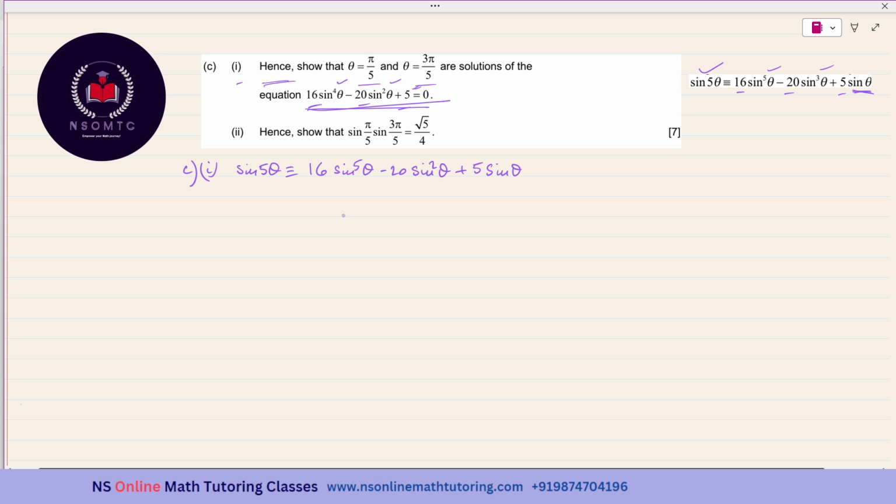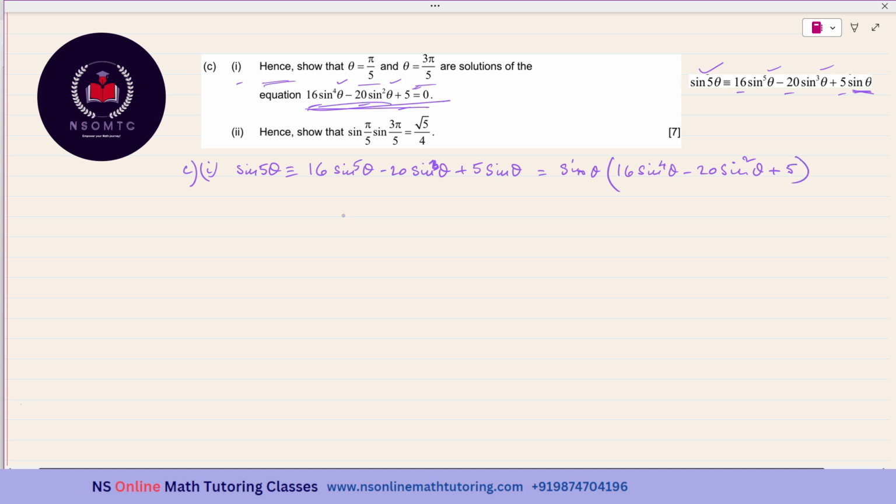So this is, if I take out sine, then what happens? Sine theta, it is 16 sine to the power of 4 theta minus 20 sine square theta, it was sine cube, sorry, and plus 5. Okay.